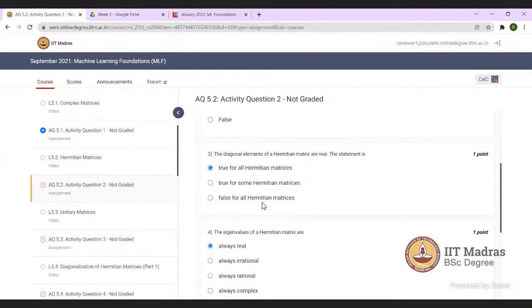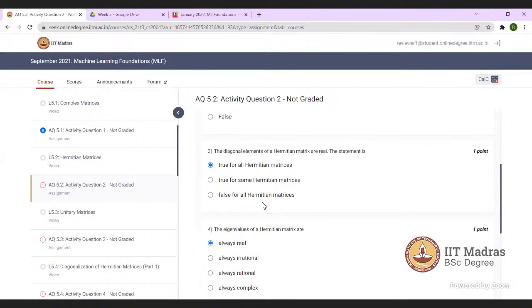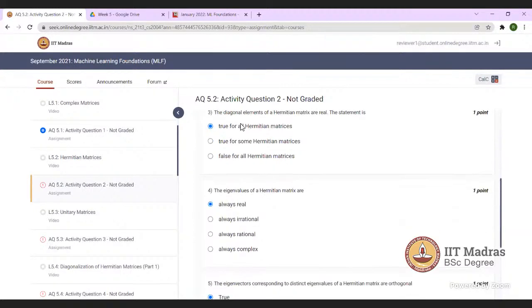The diagonal elements of a Hermitian matrix are always real because the conjugate transpose should be the same, and the transpose does not change the position of the diagonal elements, which means that the conjugate should be the same as the original number, which will happen only if that diagonal element is a real number. So that's why it is true.